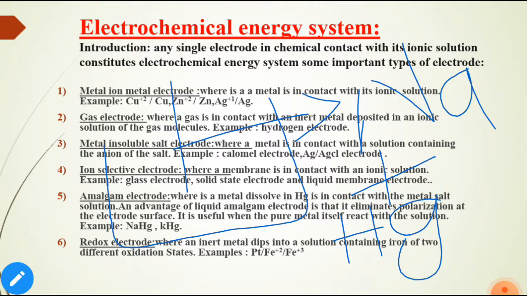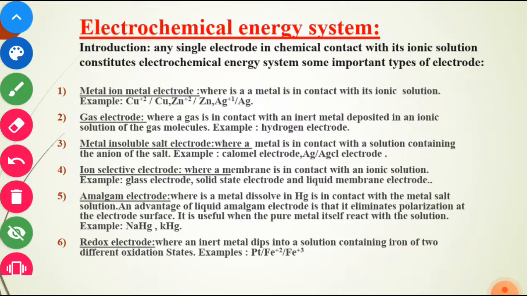The amalgam is nothing but a combination of the metal and mercury. Here we add a small amount of mercury, which reduces the reactivity of the sodium.